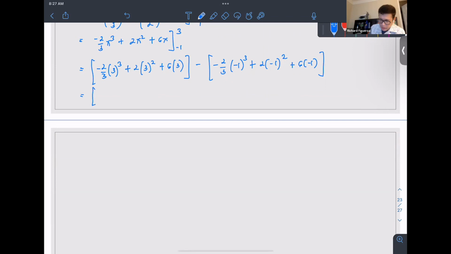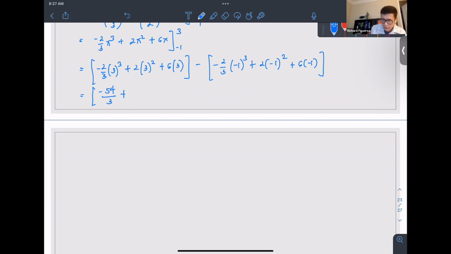So let's try to simplify or evaluate this one. So 3 raised to 3 is 27, times 2 that is 54 over 3.